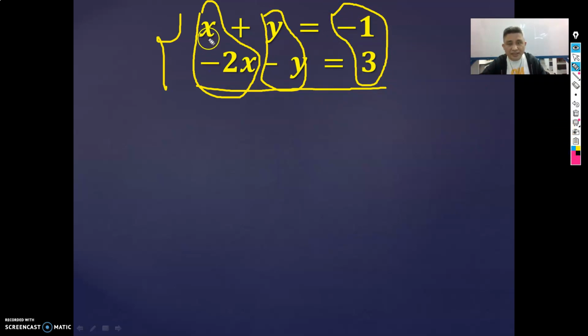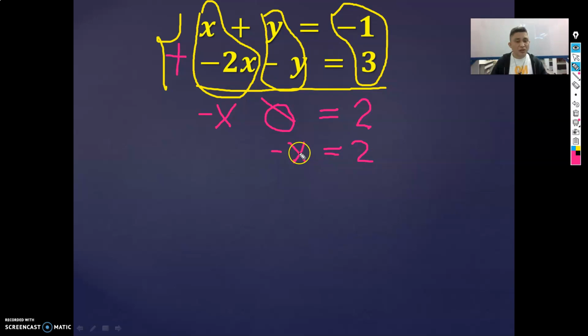Okay, so x plus negative 2x is negative x. Y, positive y plus negative y is 0. Negative 1 plus positive 3 is 2. Okay, so lahat ng 0 i-eliminate natin. So, mangyayari, that is negative x equals 2.